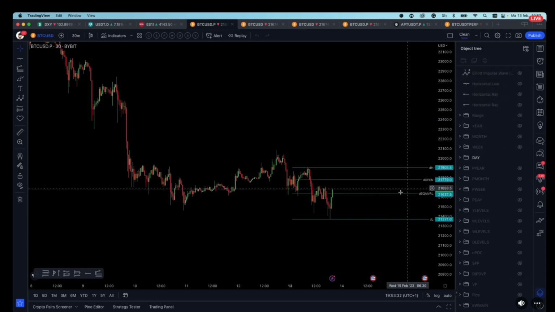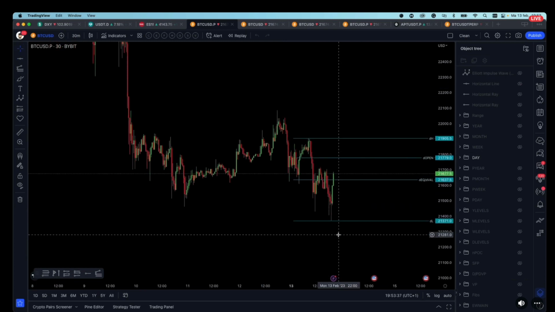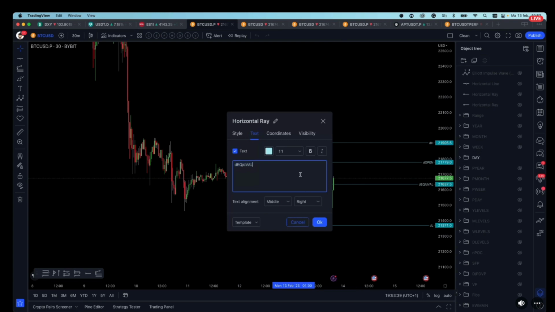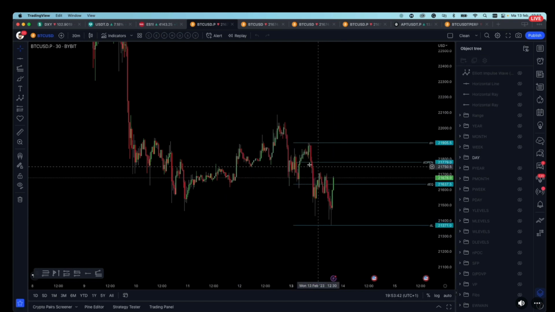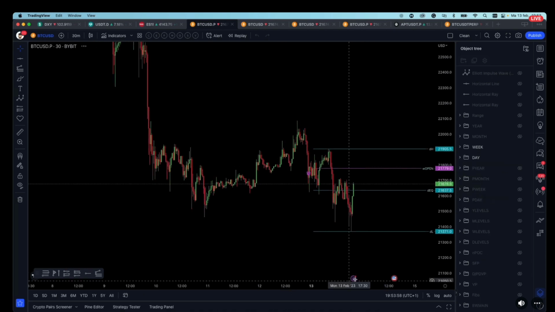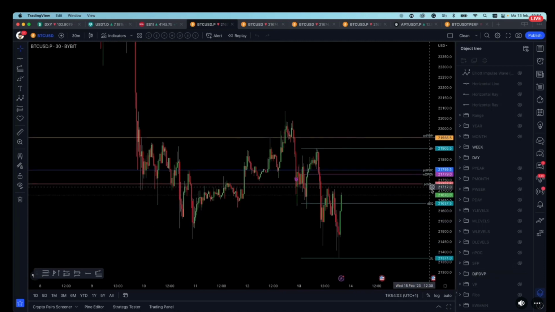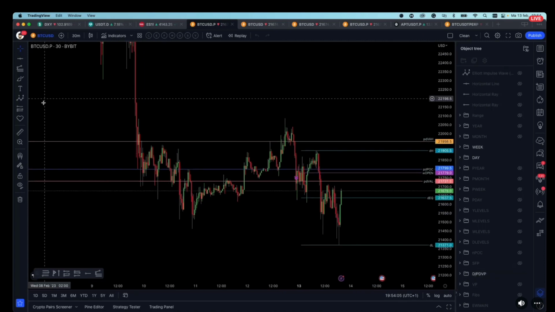So I want today's levels, which are basically the daily low, daily equilibrium, daily open, daily high, which is the weekly open. So I don't need that daily open. Daily volume profile. So we're basically moving within this range.